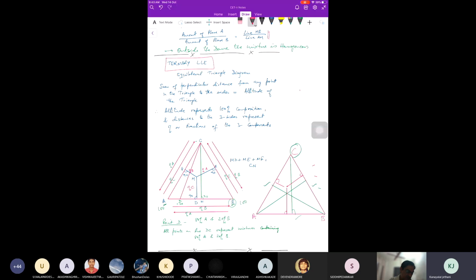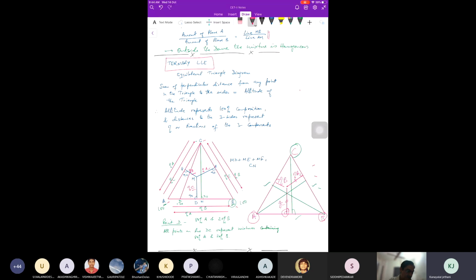So this is percentage C, this is percentage B, ये opposite वाला रहेगा, this is percentage A. That's what I've shown here, right? Percentage B opposite apex का रहेगा, percentage A opposite A का रहेगा, और percentage C opposite C का रहेगा. So that's how we find the composition of any point on an equilateral diagram.